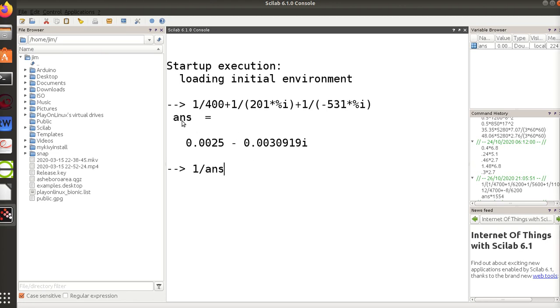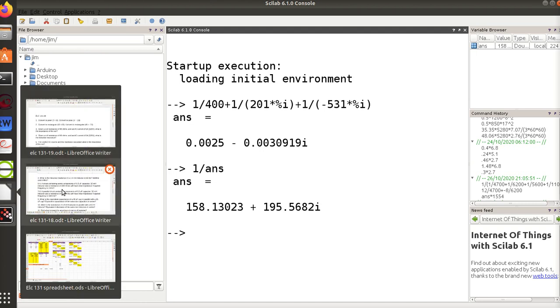Now see that it labeled this as answer, so when you do 1 over the answer, it's taking this value and putting it 1 over that value, and there's my answer. So this would be the impedance of those 3 devices in parallel. It's 158 plus 196 I.